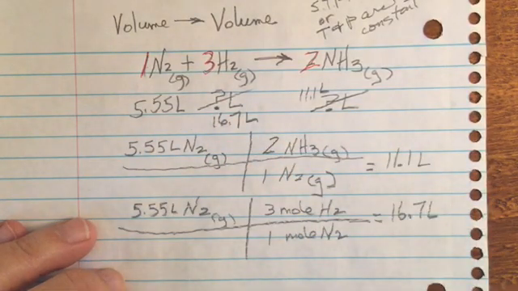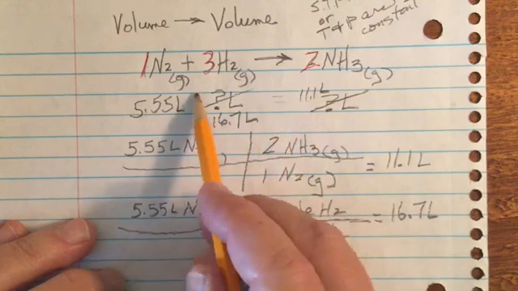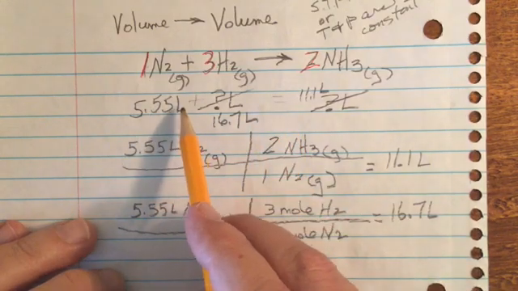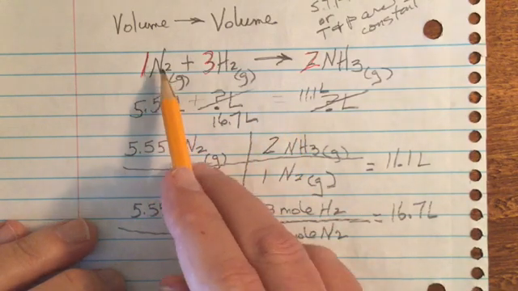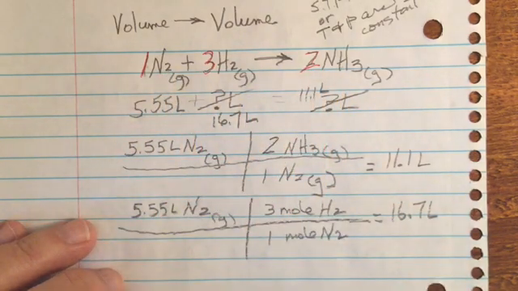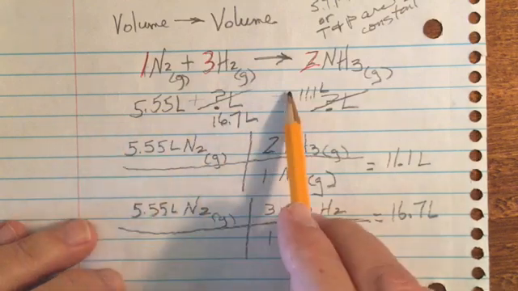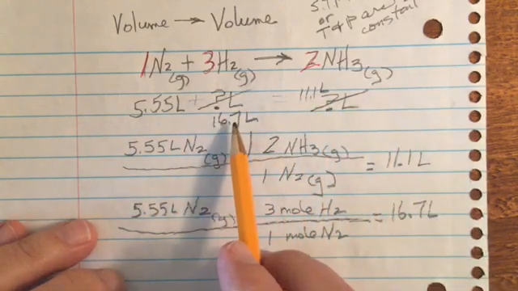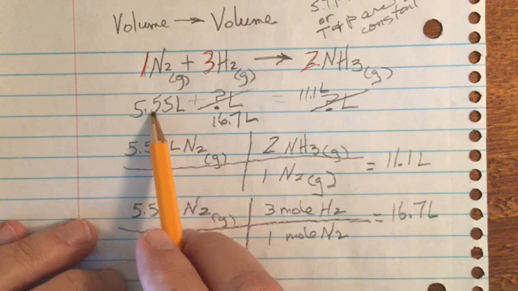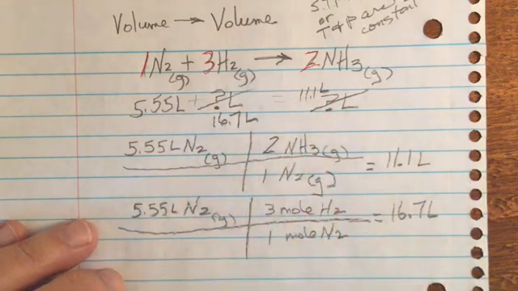Now you might want to ask the question, why doesn't this number plus this number equal this number? If we had reactants and products in units of grams, that would have to apply, right? Because the law of conservation of mass tells me the mass of the reactants equals the mass of the products. Well, that's not necessarily the case with gases. Obviously, 5.55 plus 16.7 does not equal 11.1.